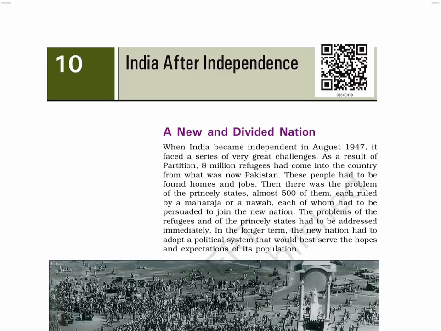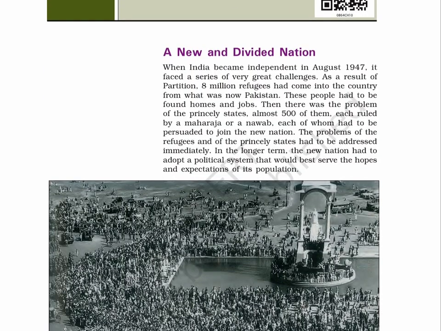Page 128. A new and divided nation. When India became independent in August 1947, it faced a series of very great challenges. As a result of partition, 8 million refugees had come into the country from what was now Pakistan.